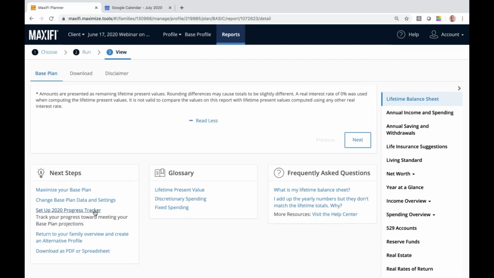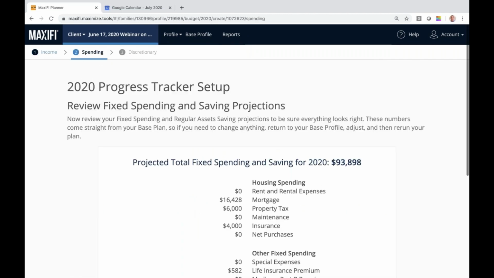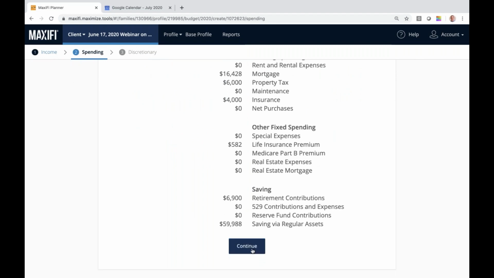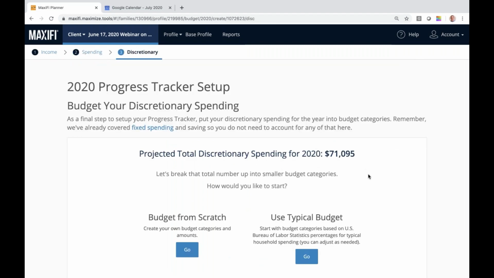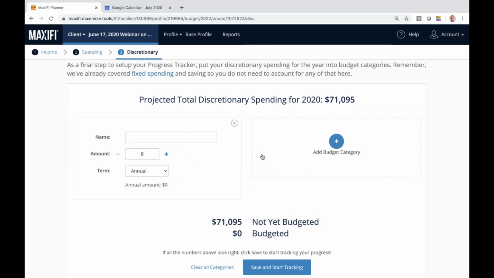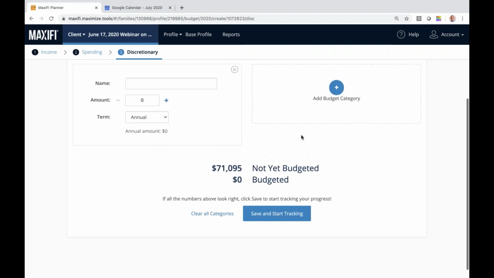You can do budgeting by going to the progress tracker, click on that, and hit continue, and you get to budget your discretionary spending. If you use a typical budget, or if you budget from scratch, you get to put the amounts in, and then as you put in extra budget categories, you see how much money you have left over.